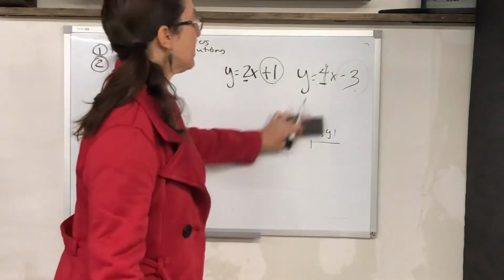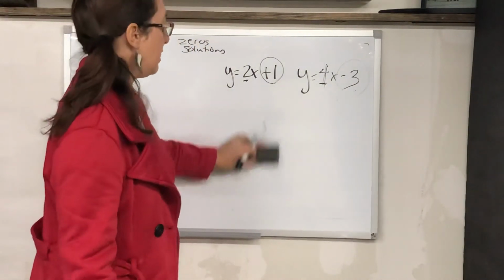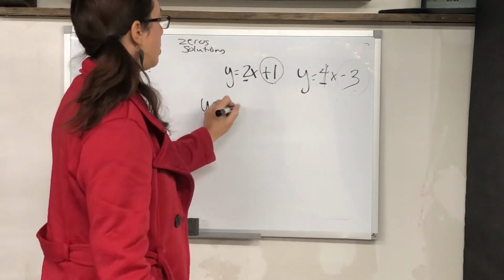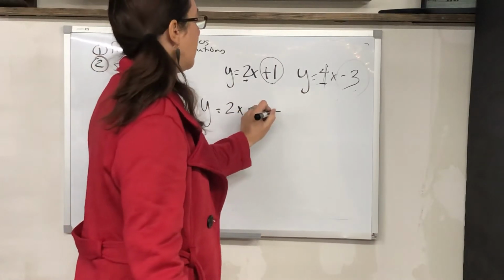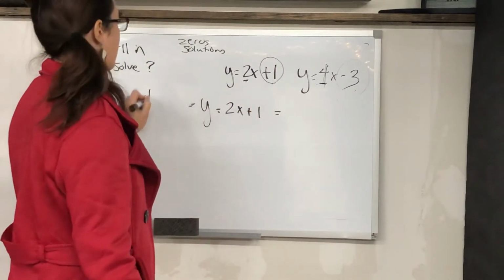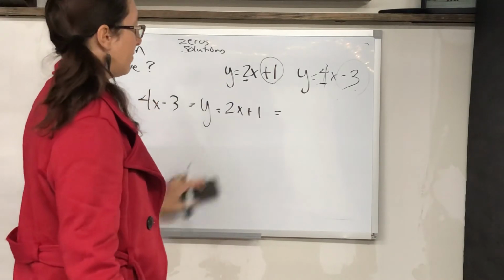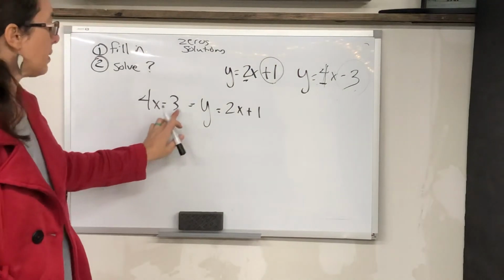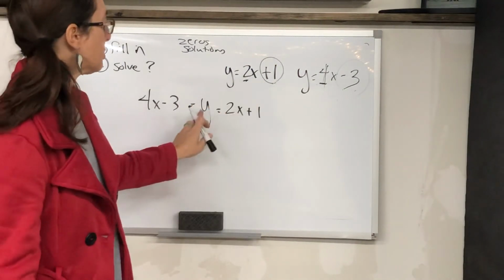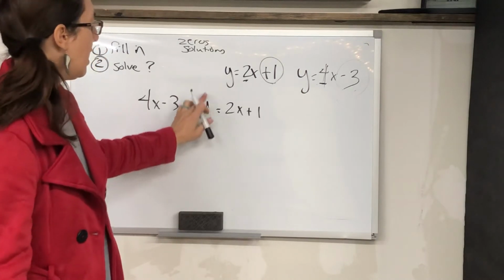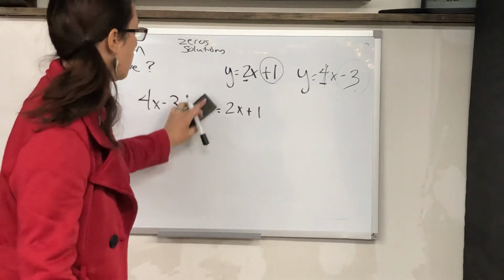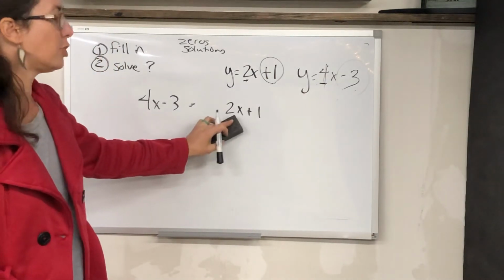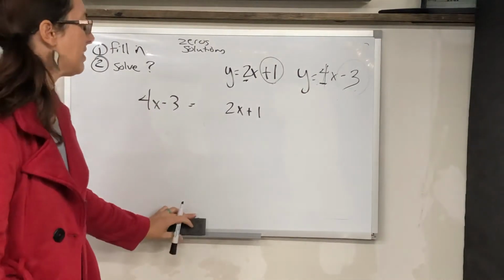So if y is the same for both of these, y is equal to 4x minus 3, and y is equal to 2x plus 1. I have all equal signs. So 4x minus 3 is equal to 2x plus 1. See how I did that?